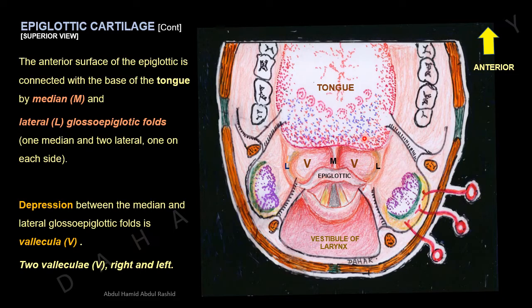Between the tongue and the epiglottis, we have three mucosal folds, one median and two lateral, one on each side, the glossoepiglottic folds. Between the folds, we have shallow depressions called the vallecula. So between the median and lateral folds, and here median and lateral, is another depression called the vallecula.